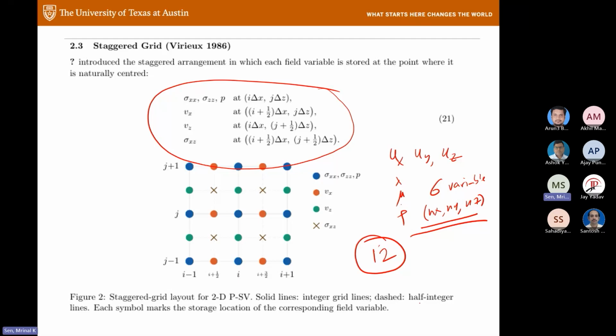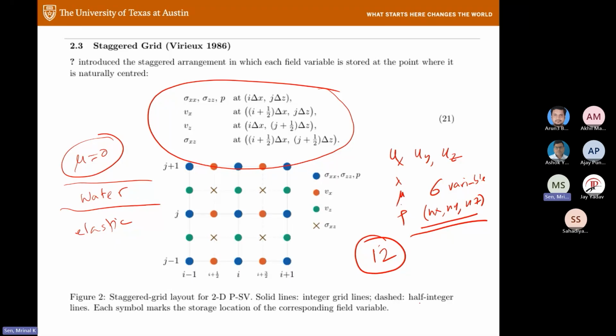The other thing is that in many of these simulations, we have the water layer, right? So this is the ocean layer water. And then we have the elastic medium. Now, you may think that if I set mu equal to 0, then I'm good. But in the second order system, it's not going to work. So you have to do an acoustic simulation here, and you have to do an elastic simulation, and then you have to match the boundaries.